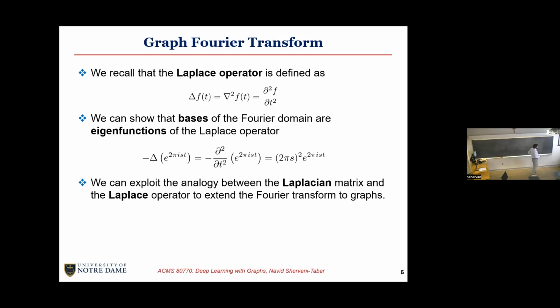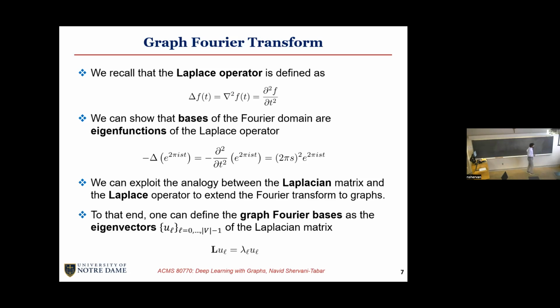Now that can be shown, as we said, using eigendecomposition of the Laplacian matrix. Let's say that I have this Laplacian matrix L. I find its eigendecomposition, and I write it like this. These eigenvectors, U_L, are eigenvectors of the Laplacian matrix, and these eigenvalues, lambda_L, are eigenvalues of the Laplacian matrix. The eigenvalues give us a notion of frequency, as we discussed in the previous lecture.